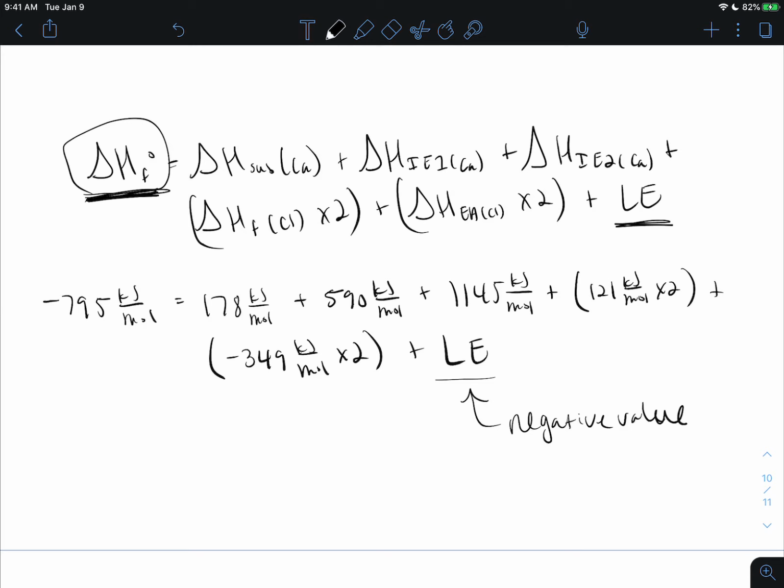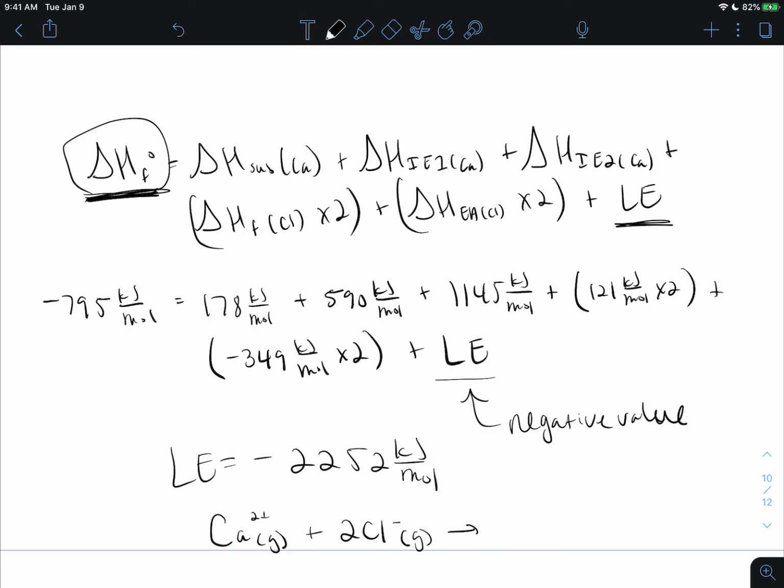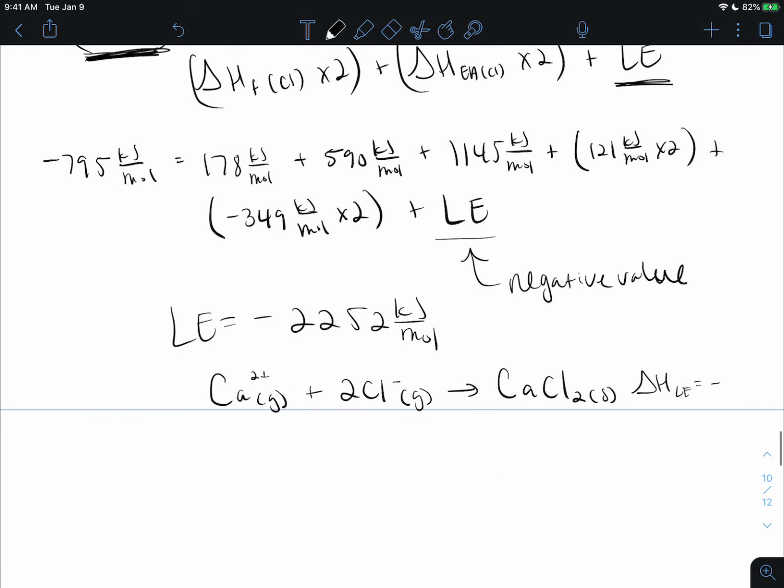So when we calculate this all out together, we get a lattice energy equal to negative 2,252 kilojoules per mole, which means we take our calcium 2 plus ions plus our 2 chlorine minus ions in the gaseous state to form calcium chloride in the solid state that has a lattice energy equal to 2252 kilojoules per mole.